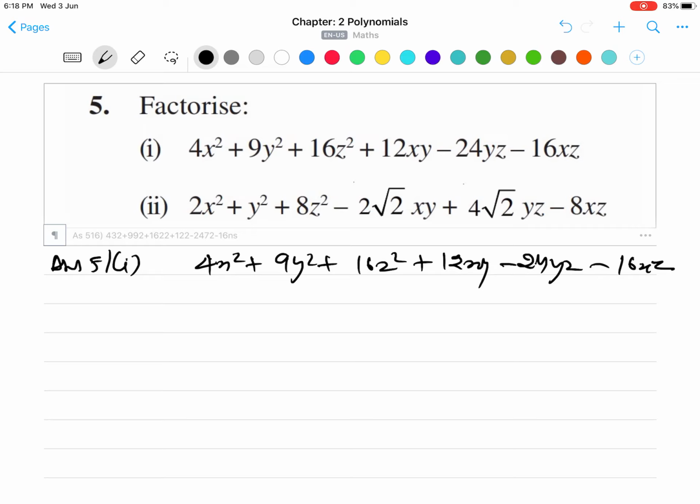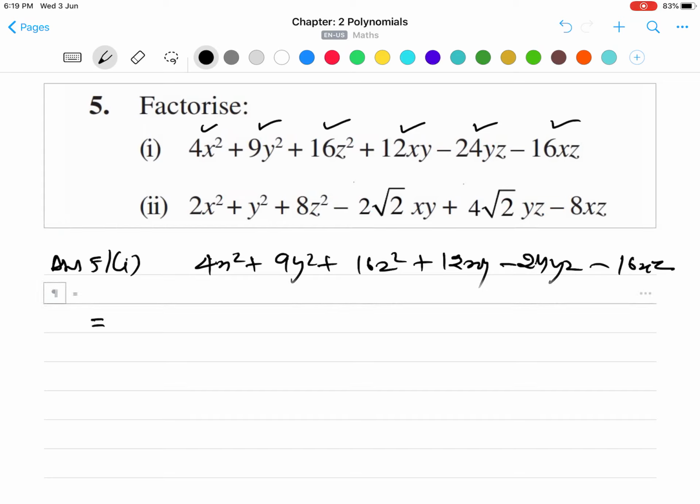Now you can see this looks like the form of x square plus y square plus z square plus 2xy plus 2yz plus 2zx. That means we can convert this into the form of x plus y plus z whole square. So we can write this 4x square as (2x) whole square, 9y square as (3y) whole square, and 16z square as (4z) whole square.